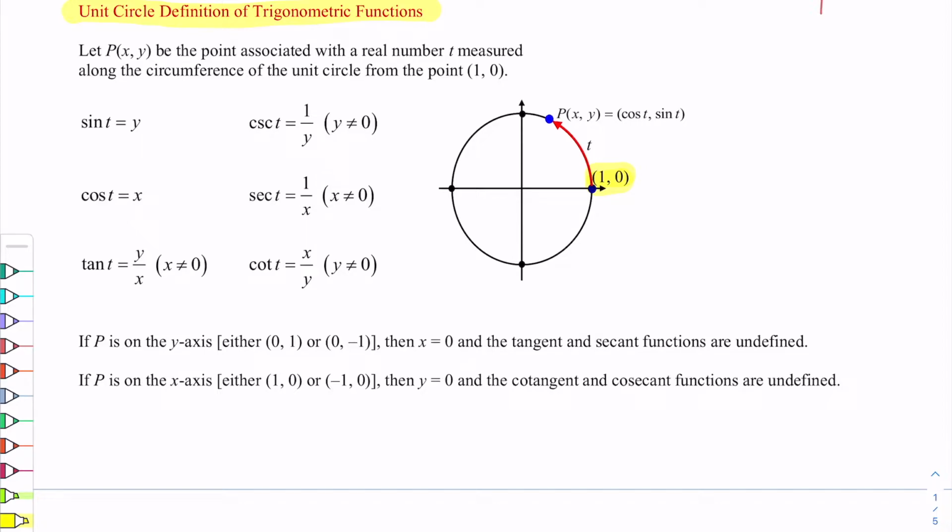Well, as you can see, this point has an x value, and it has a y value, and of course it has that hypotenuse. And the angle that we are talking about, the sine, is the opposite over the hypotenuse. The cosine is the adjacent over the hypotenuse, and the tangent is the opposite over adjacent.